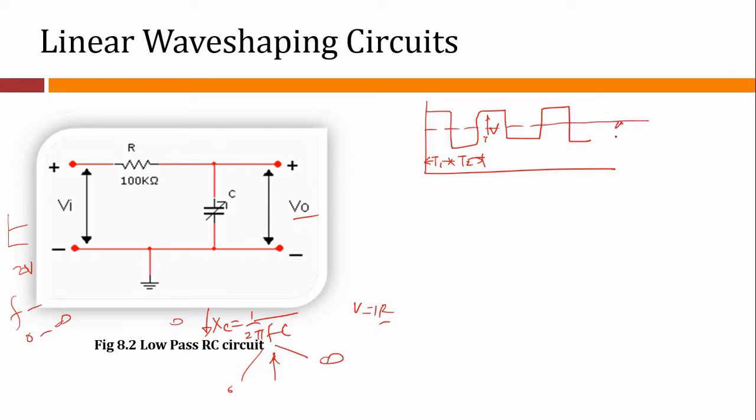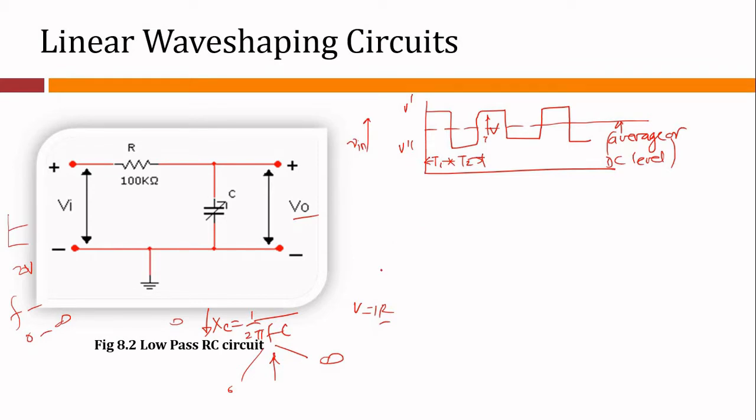This is referred to as the average or DC level. These are the two sets of voltages, V prime and V double prime. So this is Vin.